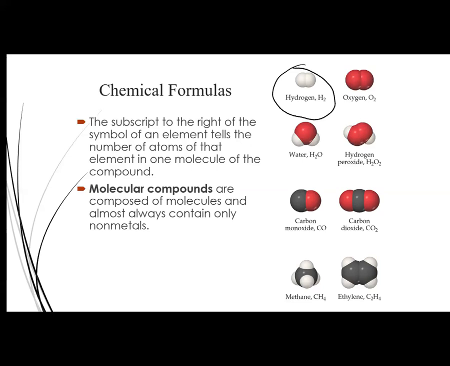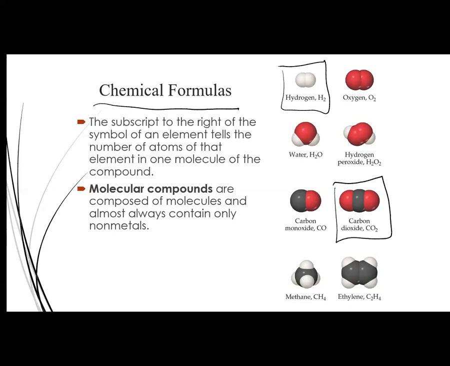So what we're seeing in things like water or carbon dioxide is a set of atoms connected into a bigger team. So we get two hydrogen atoms connected into one hydrogen molecule. We have one carbon and two oxygen atoms connected into one molecule of carbon dioxide. And so these chemical formulas are giving us these molecular compounds.